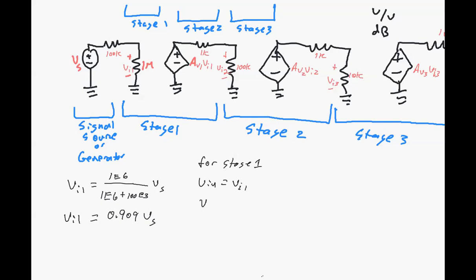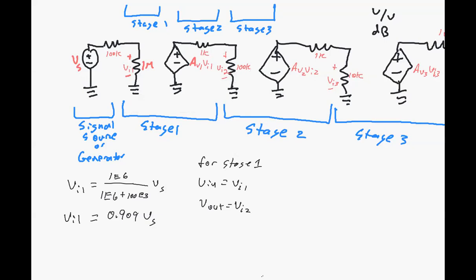And V out is actually equal to VI2. I hope you can see that. The stage 1 amplifier is right here, and as far as this stage 1 is concerned, its load resistance is this resistor right here, which is where VI2 is created.